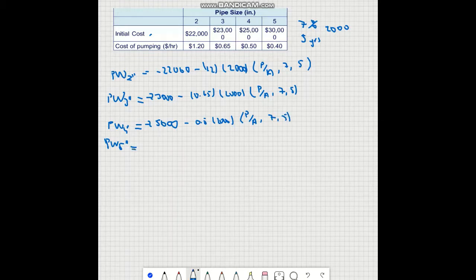And the last one is minus 30,000, or if you plug the 5-inch pipe size in this building, we need to multiply by 0.4 hourly cost for 2000 operating hours per year, and P over A, 7 and 5.